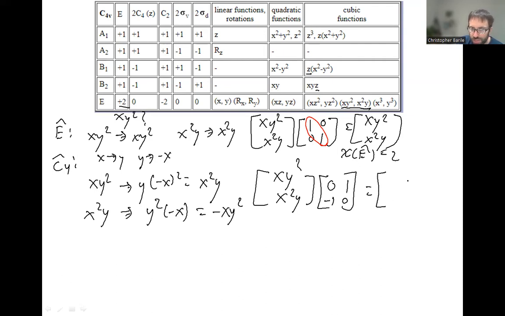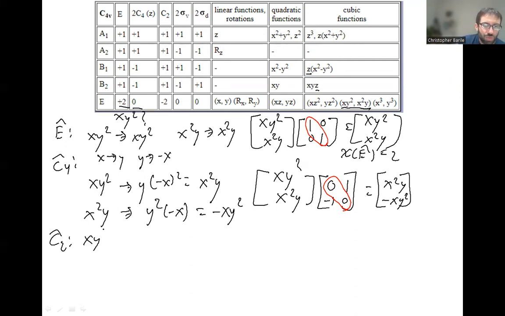And what that matrix is going to get us is x squared y and negative xy squared. Okay? And so now we take the trace of this matrix and, lo and behold, we get 0 plus 0, and we get 0 just as we expected. So let's keep going. Our next one, we're hoping to get negative 2 if this checks out. So let's see what happens.